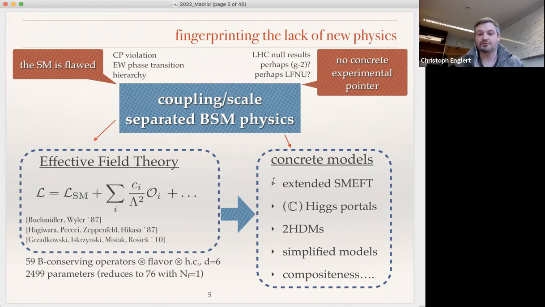On the other hand, you have concrete scenarios. If you don't like effective field theories, you're of course not bound to study them, but you can look into concrete extensions, and that could be a two-Higgs-doublet model, could be supersymmetry, or could be more motivated approaches to effective field theory built on CCWZ, so ideas of compositeness, for instance.